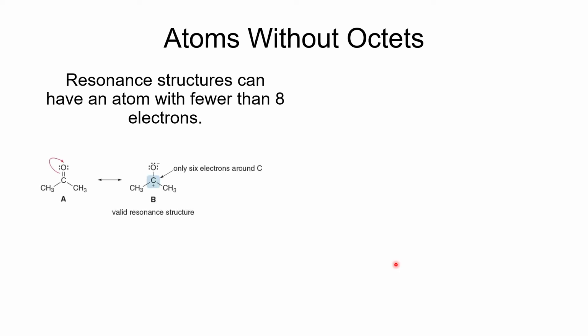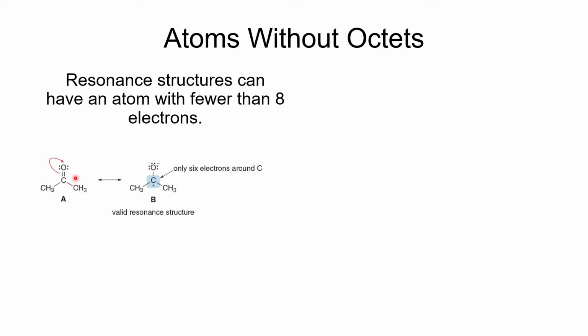For example, this is the structure acetone. Acetone is a commonly used solvent. I've got some right here in my shop that I use for cleaning certain bits of equipment. It's good at removing grease and paint and things like that. You also see it in nail polish remover.